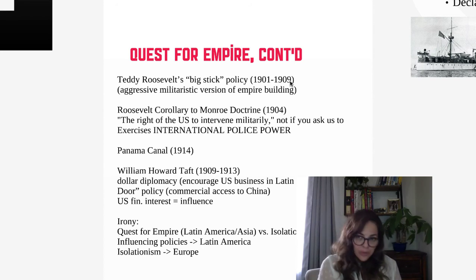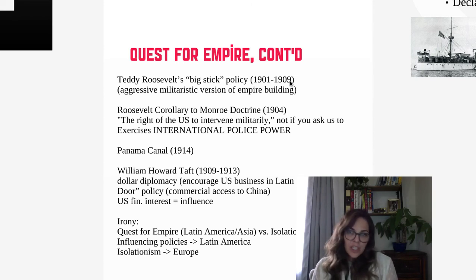It has little to do with the relations between the Western Hemisphere and Europe, but it served as justification for the U.S. to intervene in Cuba, in Nicaragua, in Haiti, in the Dominican Republic, and I could go on and on. And this is part of the reason why the U.S. has such a bad reputation among Latin American countries.